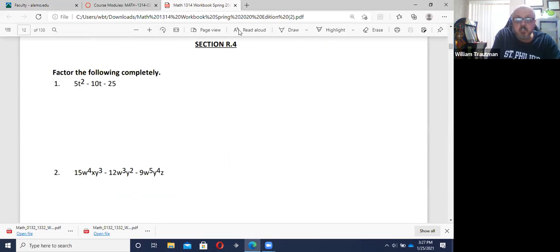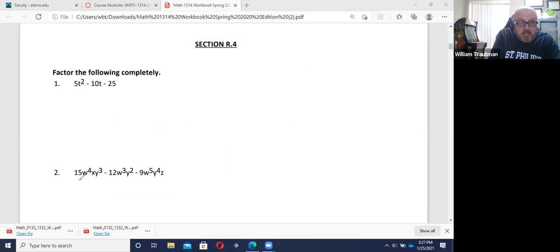Okay, so number 2. To factor this out, we want to find what we can divide, and we have 3 terms here. And if we look at the numbers in front, we can factor out a 3. A 3 divides out. And I'm going to raise it up a little bit so I have some more room.